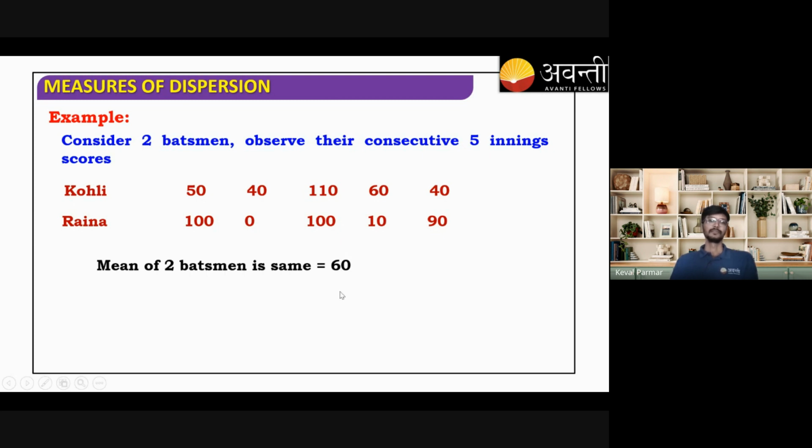So let's see this. Mean of the two batsmen is the same. This example will help us understand why just focusing on the central values of the data is not enough. We also have to focus on how much the data is spread throughout. Please listen to my words very carefully.